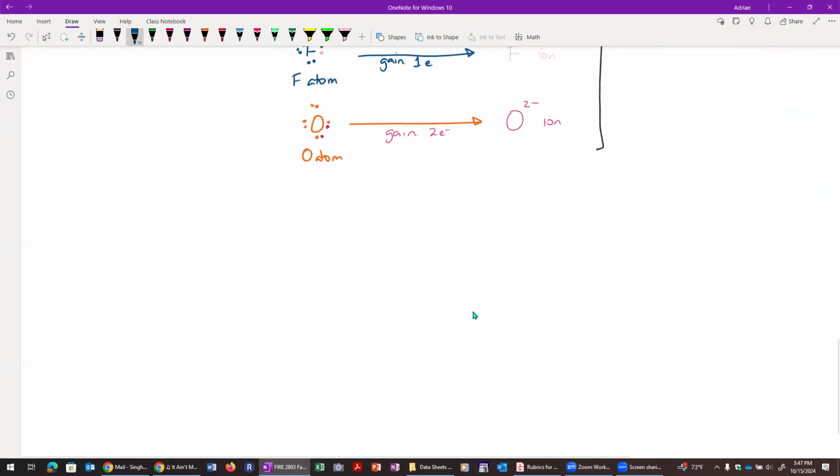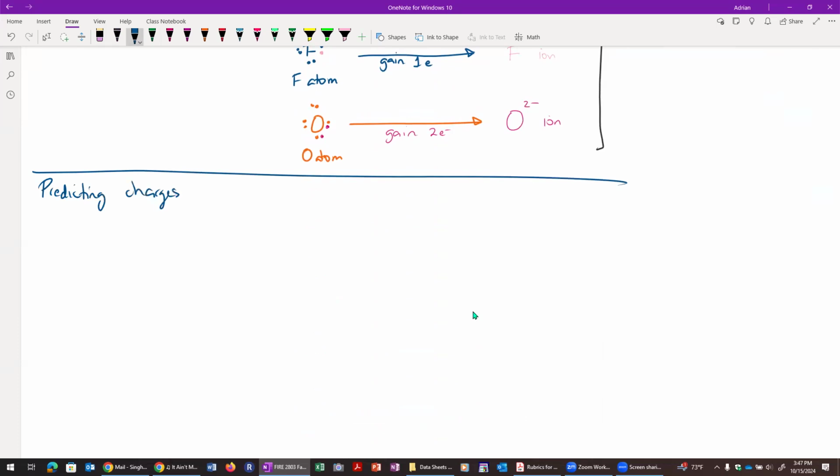Okay, so the shortcut is for predicting the charges on, we'll call them monoatomic ions. So monoatomic meaning they're just single atoms. And what we're going to use to help us predict the charges is the periodic table.